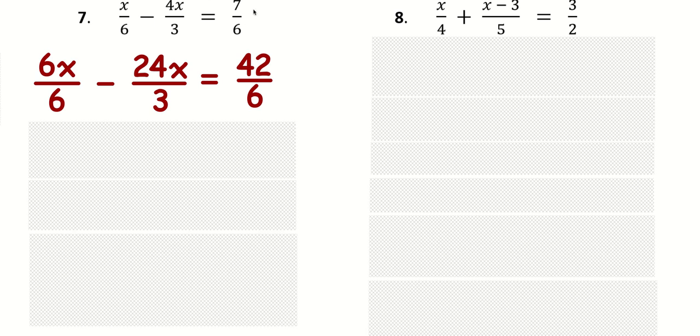I multiplied both sides by 6. Because if your denominators are 6 and 3 and 6, long story short, you're basically coming up with a least common multiple, or really any common multiple. Any common multiple of all the denominators is going to clear all of them.